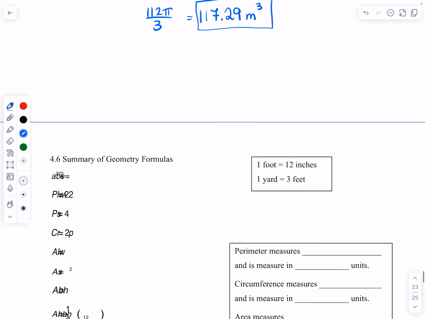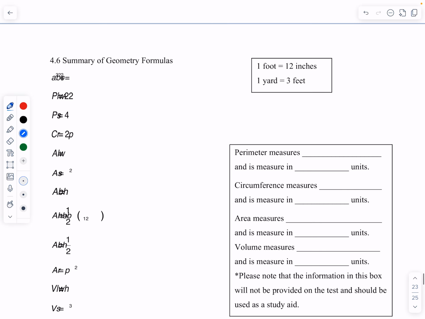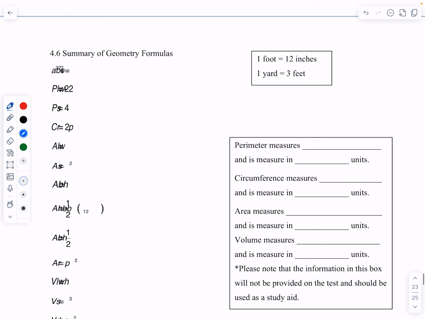Okay? All right. So this last page, I will give you a page that kind of looks like this, except it won't have this information in the box nor this one, but it will have this on the side. So this one, first one says a squared plus b squared equals c squared, and that is the Pythagorean theorem.